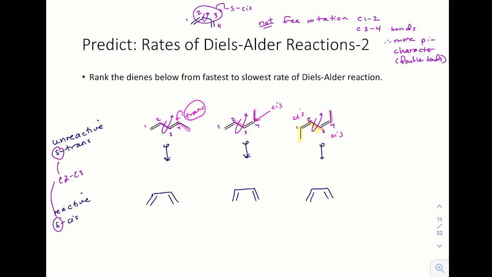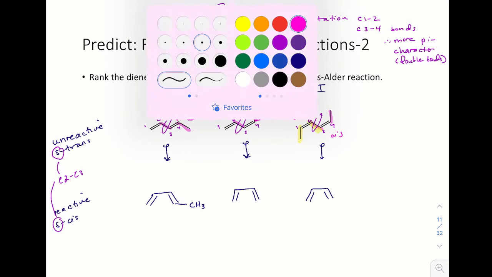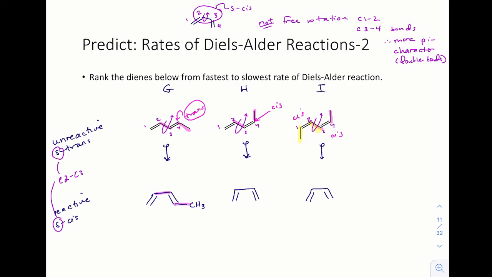All right, so 1-2 is all set in this first molecule. Let's label these. Let's go G, H, and I. There's a methyl group on carbon 4 in G, and the carbon 3-4 bond is trans, so that methyl group would be here, preserving that trans stereochemistry about carbons 3 and 4.